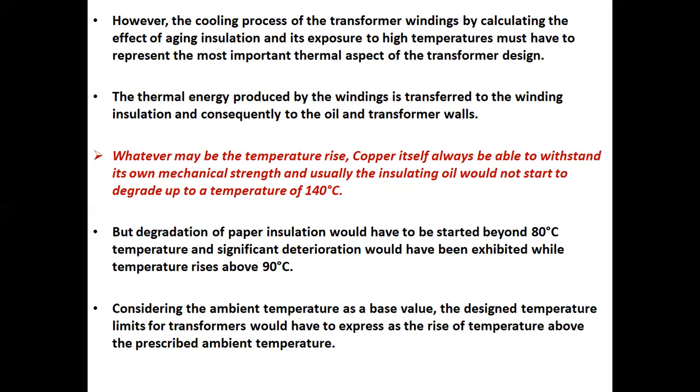But degradation of cellulose paper insulation, that is kraft paper, starts beyond 80 degrees centigrade, and significant deterioration is exhibited when temperature rises above 90 degrees centigrade. Considering the ambient temperature as a base value, the design temperature limits for transformers are expressed as the rise of temperature above the prescribed ambient temperatures.